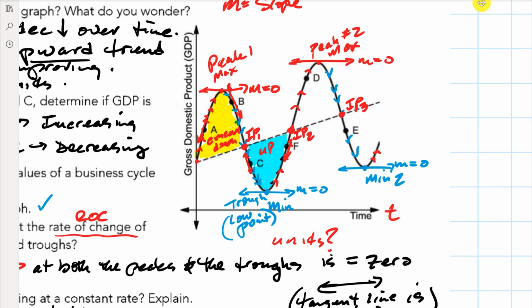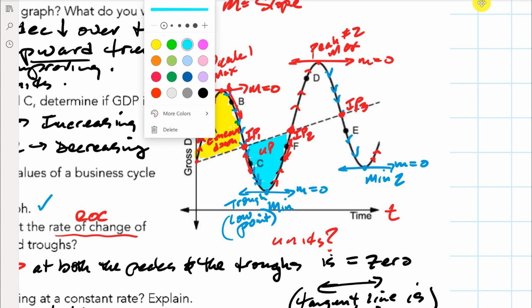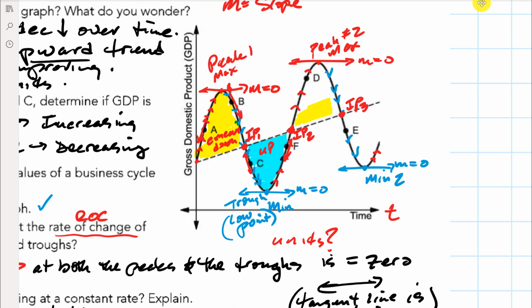And then at the second inflection point, it switches and changes to concave down. So in these yellow regions, we're talking about where it's concave down as opposed to concave up. So let me just note that here. So here, concave down, as opposed to the blue area where it's concave up.